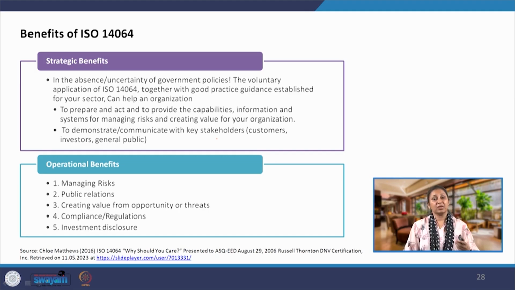Operationally, it will help them in improving public relations, managing risks and creating value from opportunity or threat, both. It also helps them comply and standardize their operations by providing a framework of standardization of reporting.